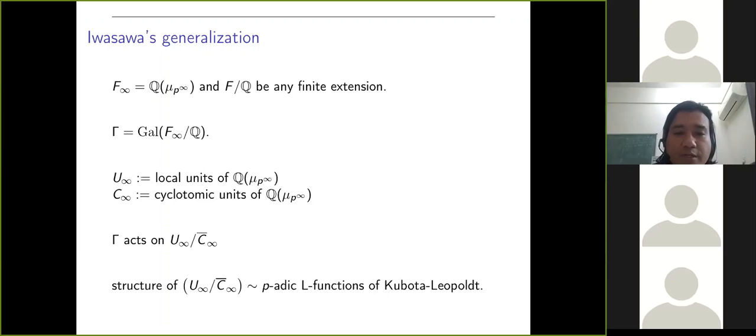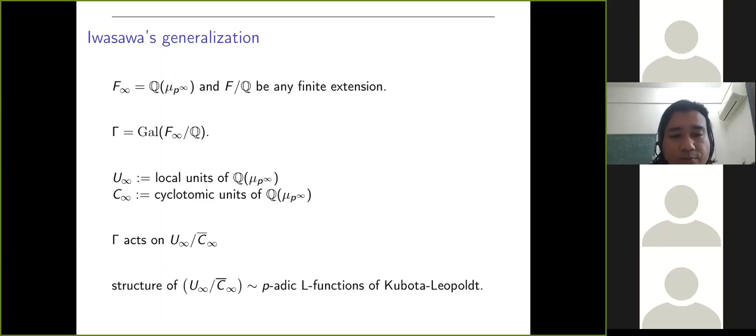Then what he showed is very precise. What he thought should happen is a very precise statement, which will ultimately be related to the main conjecture of Iwasawa theory for these fields F infinity.